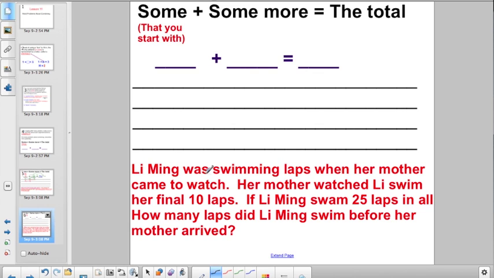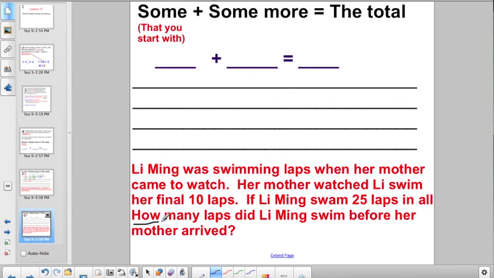So Li Ming was swimming laps when her mother came to watch. Her mother watched Li swim her final 10 laps. If Li Ming swam 25 laps in all, how many laps did Li Ming swim before her mother arrived?